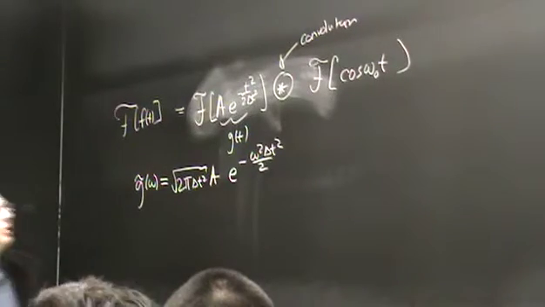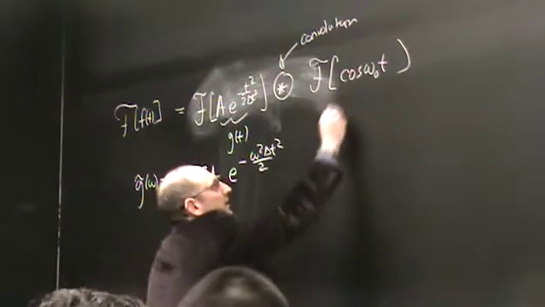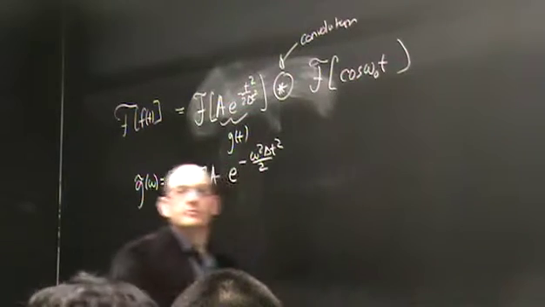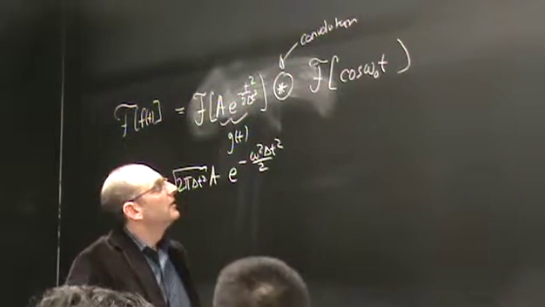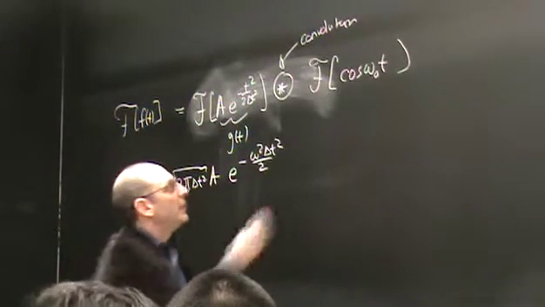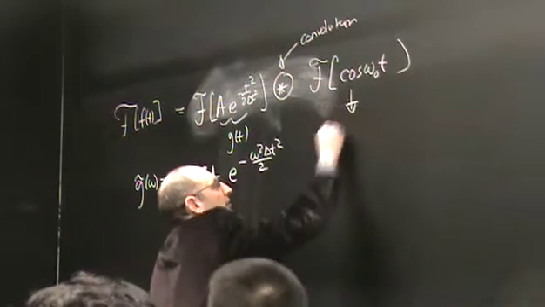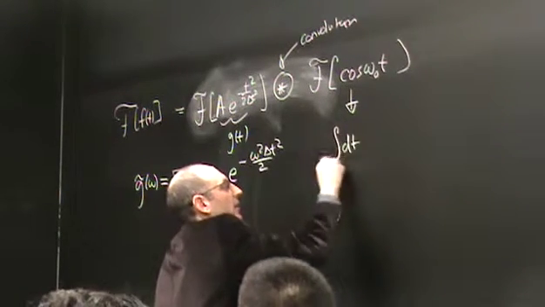Okay? What is the Fourier transform of this? It's two delta functions, right? I mean, we can see that easily if we just write it out quickly.